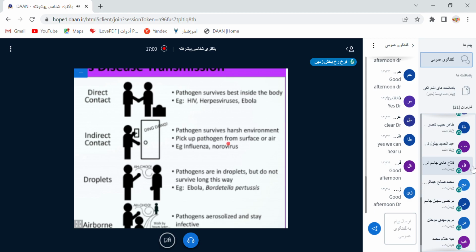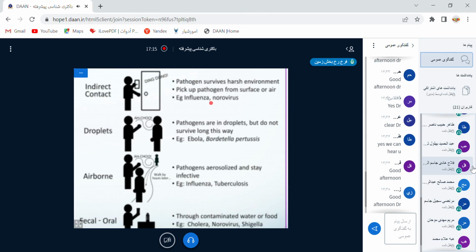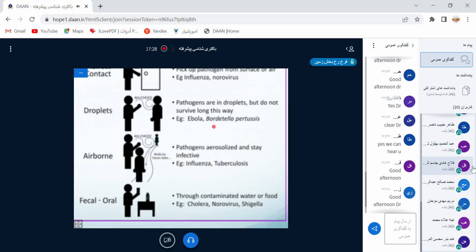Pick up pathogen from surface or air, like influenza, norovirus. Droplets: pathogens are in droplets but don't survive long this way, like Ebola, Bordetella pertussis.